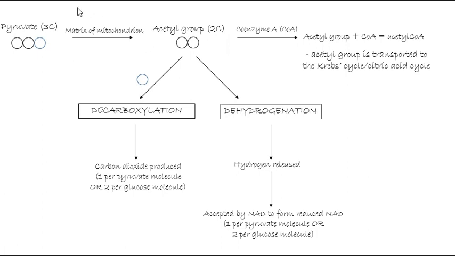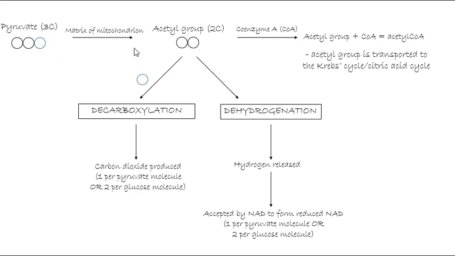Now during this conversion, decarboxylation occurs. As the name suggests, decarboxylation is the removal or elimination of carbon from a compound. And in this case, 1 carbon atom from the 3-carbon pyruvate molecule has been eliminated to form the 2-carbon acetyl group.